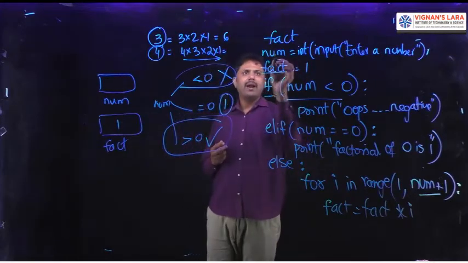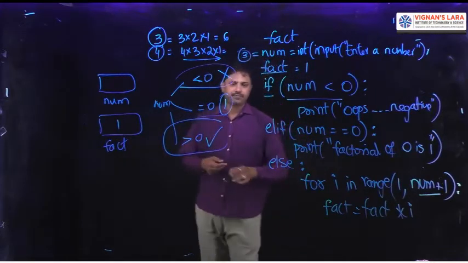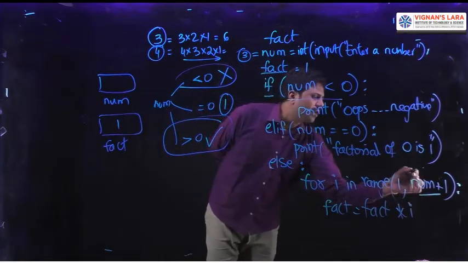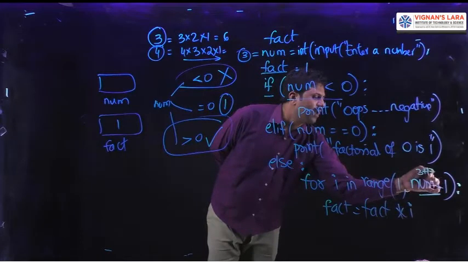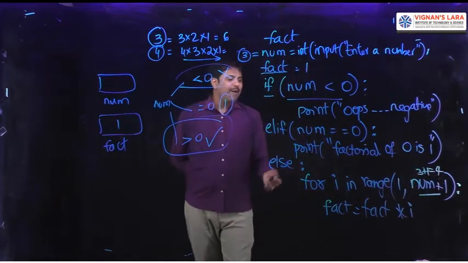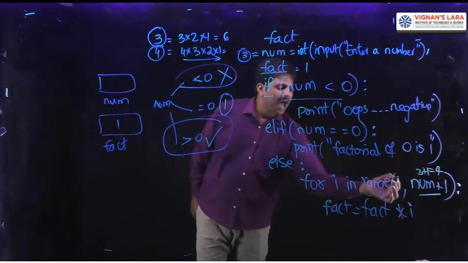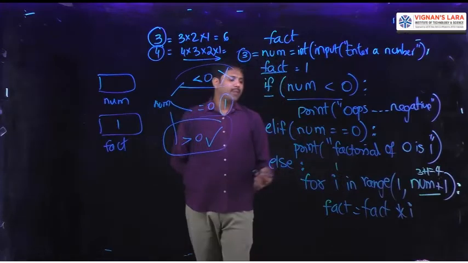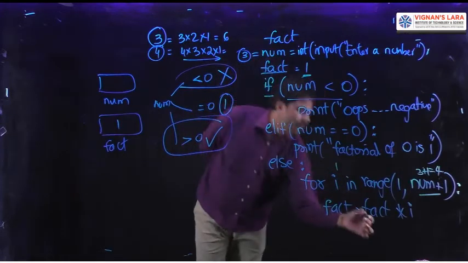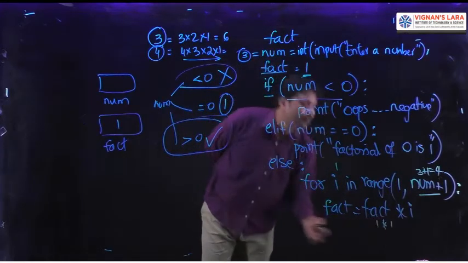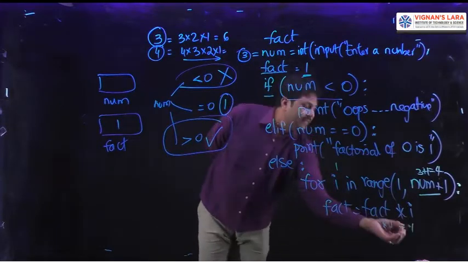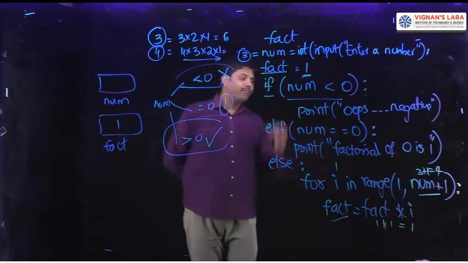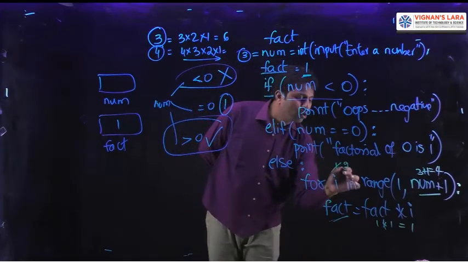Now I'm taking num equals 3. If num is 3, then 3 plus 1 is 4 here. For the first iteration, i is 1 and fact is 1. 1 into 1 is nothing but 1, and this 1 is stored again in fact. Then this is incremented to 2.